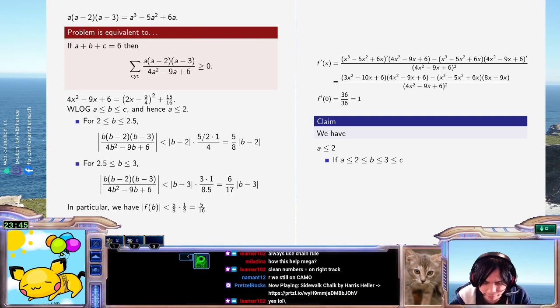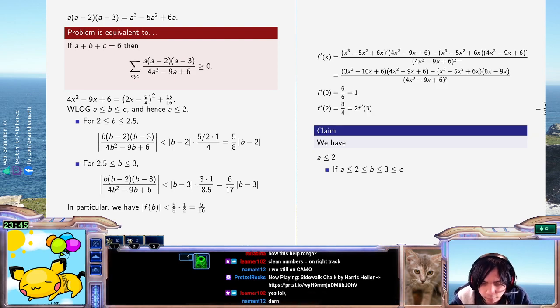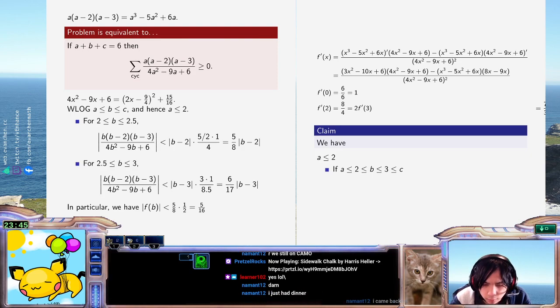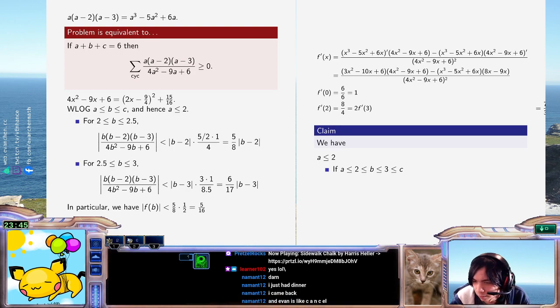Oh, wow. Wait, why are these canceling so nicely? I don't expect it to cancel that well. Really? They cancel that cleanly? Can someone check I didn't screw this up? Because this seems too good to be true.